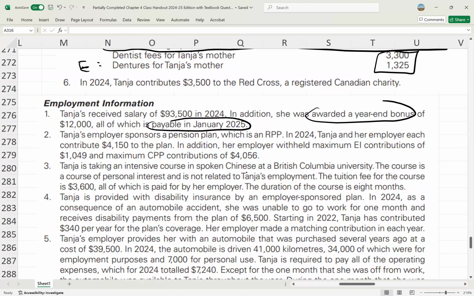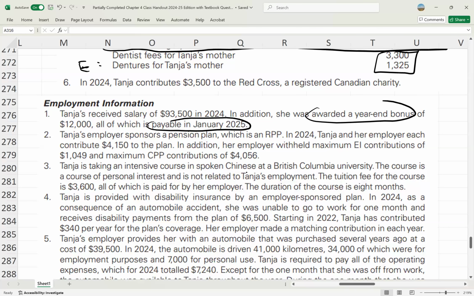If you remember when we started off chapter 3, we said that if the company declares a bonus this year in this company's fiscal year, but they don't pay it right away, as long as they pay it within 179 days of their fiscal year end, then the recipient, the employee, doesn't have to include that in their employment income until the year they receive it.